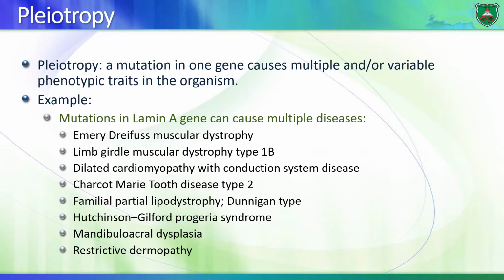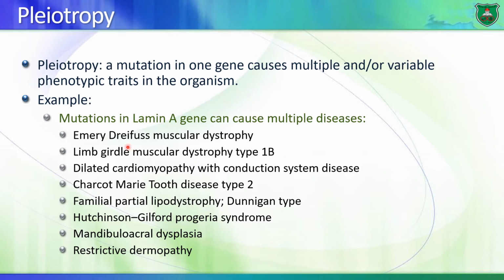Now, one of the phenomena that appears in dominant disorders is something known as pleiotropy. This means that there's a mutation in one gene, but it affects multiple or variable phenotypic traits in an organism. We already talked about one such disorder related to mutations in the lamin A gene. It can cause multiple disorders.